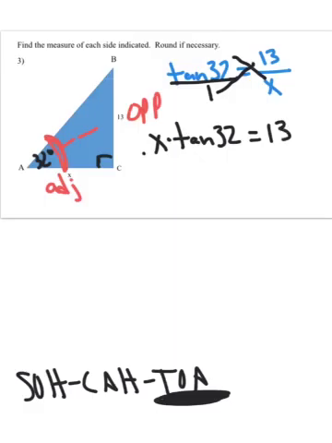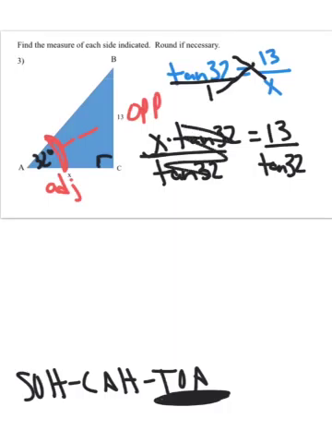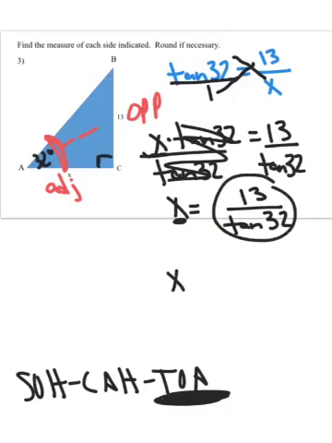Now this time the x isn't by itself, so we have to get rid of that tangent 32. So we're going to divide both of these sides by tangent of 32. That way it cancels on the left, and we have x by itself, and on the right we'll have 13 divided by the tangent of 32. Okay, x is by itself, so we're going to put this in the calculator.